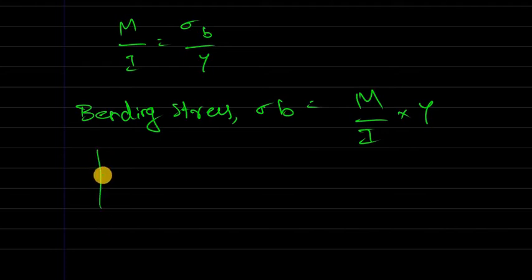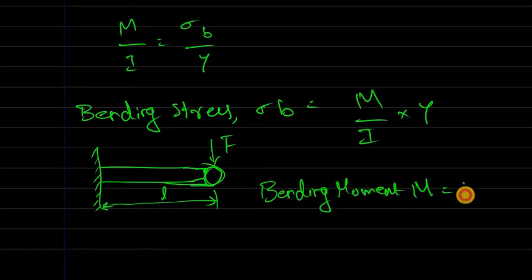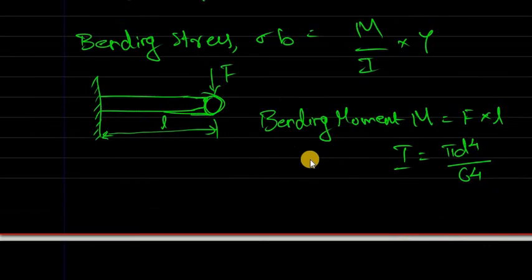So if we are considering a cantilever beam like this with a circular cross section and we are applying a force F like this, let small l be the length of this cantilever beam, then we will get the bending moment as force into perpendicular distance, F into L. The moment of inertia I is pi d raised to 4 by 64, and the Y value, the distance from neutral axis to the outermost layer, becomes the radius d by 2, radius of this rod.